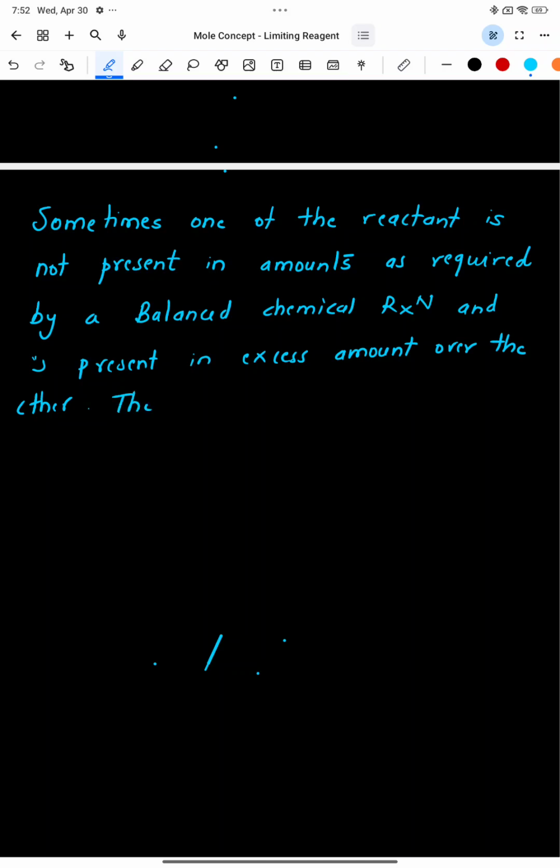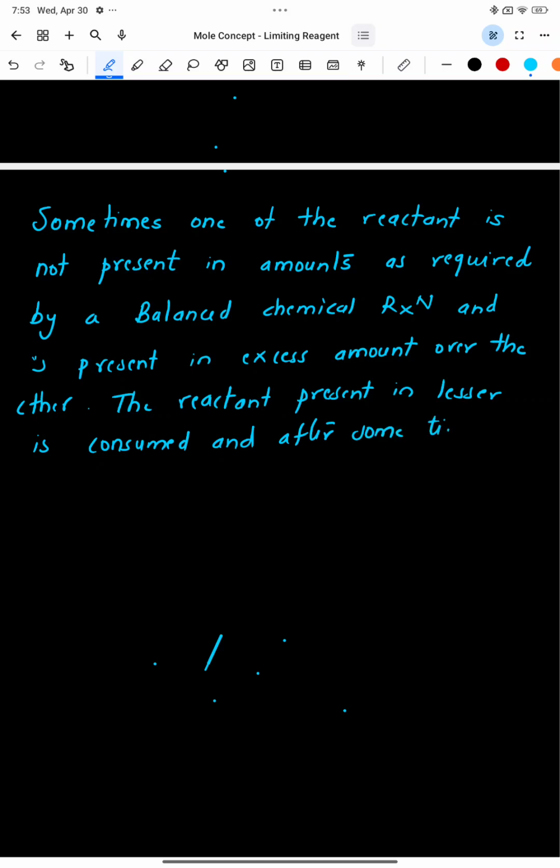The reactant present in lesser amount is consumed, and after some time no further reaction takes place.